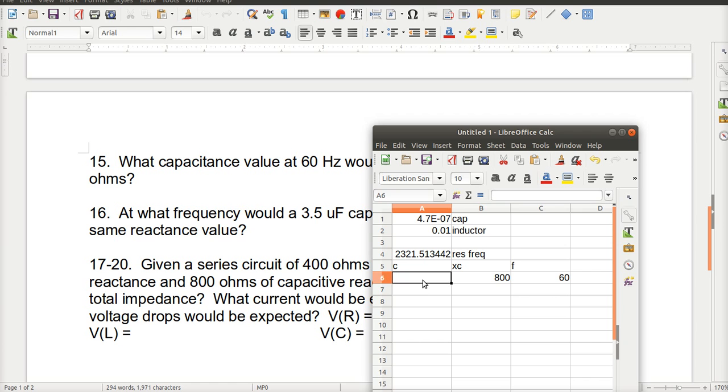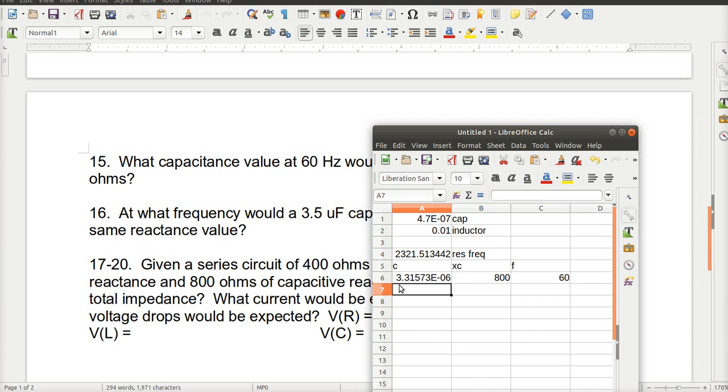So C would be equal to 1 divided by, open parentheses, if you're using a calculator, this is probably where you're making a mistake, 2 times pi times frequency, which is C6, times reactance, which is B6, and then close parentheses.